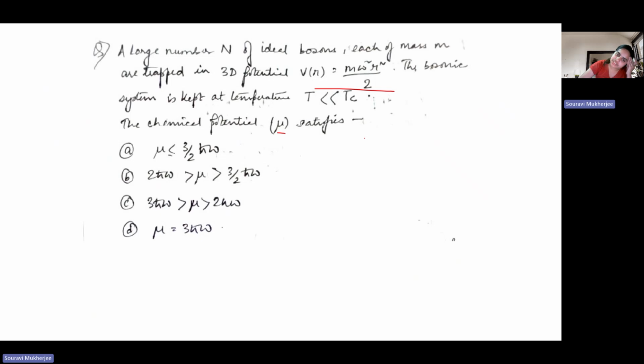So what happens when T is much smaller than Tc? What is the value of Z? Consider that if you have a bosonic distribution, what is the relation between the chemical potential and the different energy states?